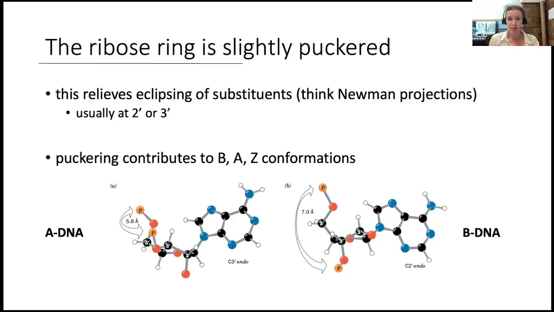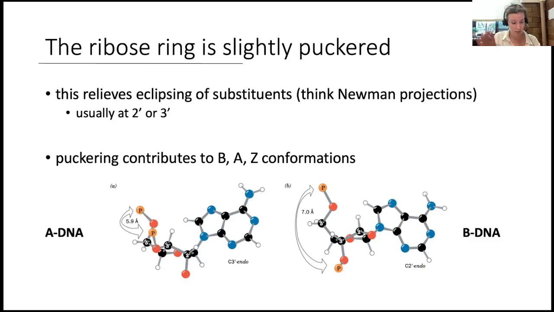The reason for this is because of eclipsing of substituents. If we had a totally flat 5-membered ring, all the substituents would eclipse one another and there would be steric hindrance. The puckering has a minor contribution to the B, A, and Z conformations.